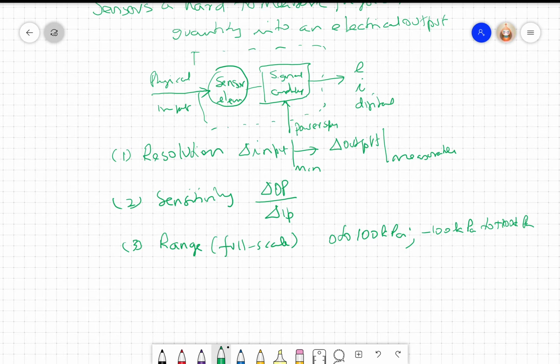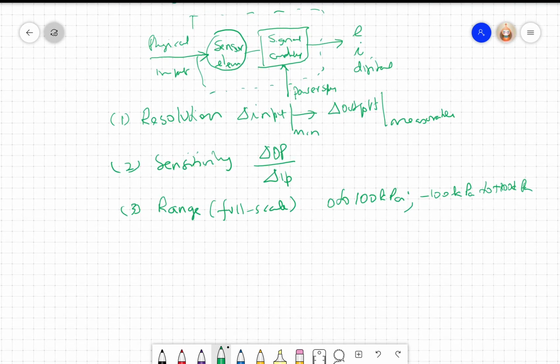If P2 is greater than P1, I get minus 100 kilopascal. The range can also be not exactly starting from 0, let's say 20 kilopascal to 200 kilopascal. That is also possible, right?